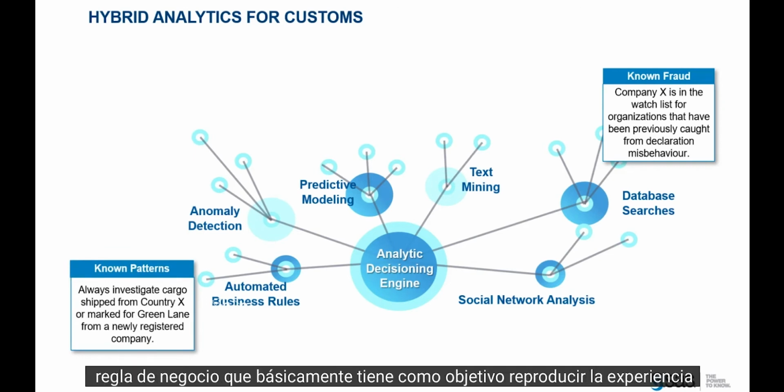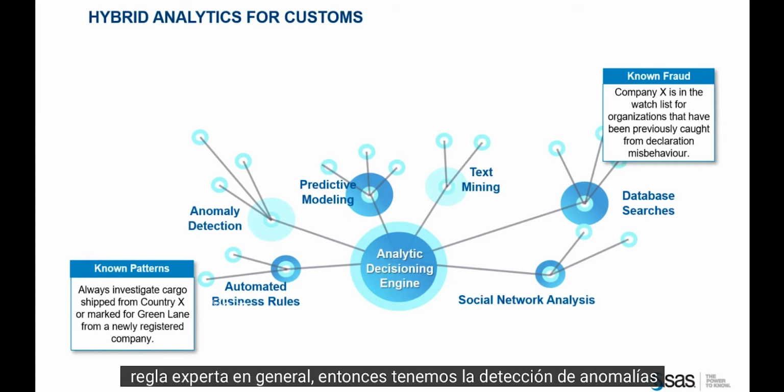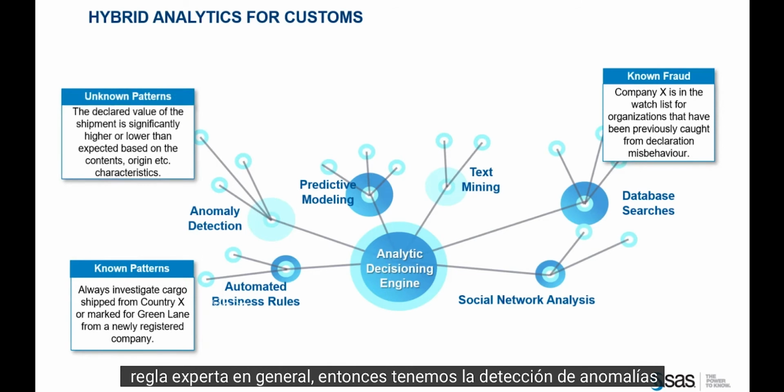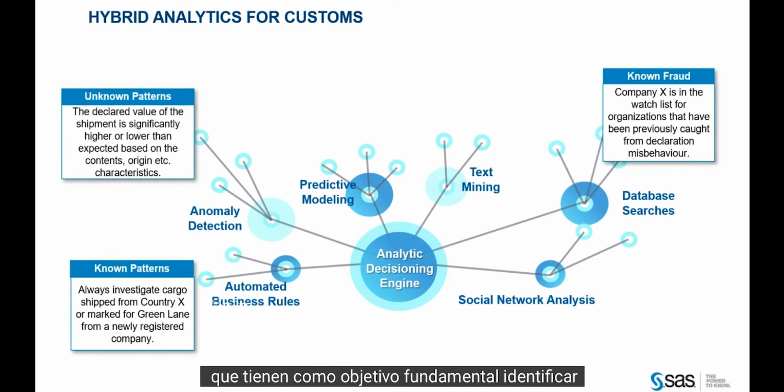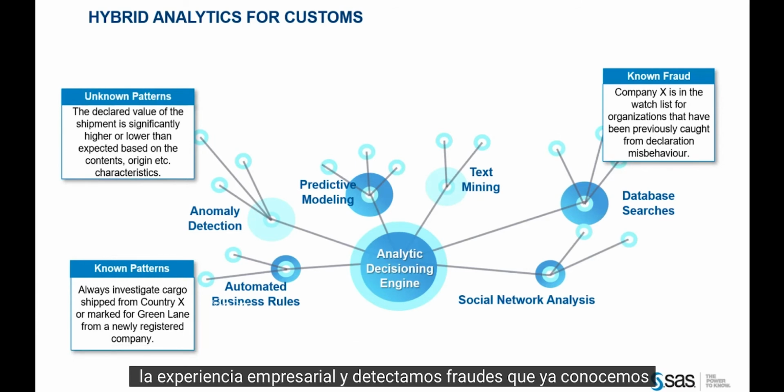Then we have automated business rules that aim to reproduce the expertise of the investigator, and they generally come out in the form of expert rules. Then we have anomaly detection, which aims to identify unknown patterns. So with automated business rules, we replicate the business expertise and detect fraud that we already know. Anomaly detection instead is aimed at finding new fraud cases and patterns.